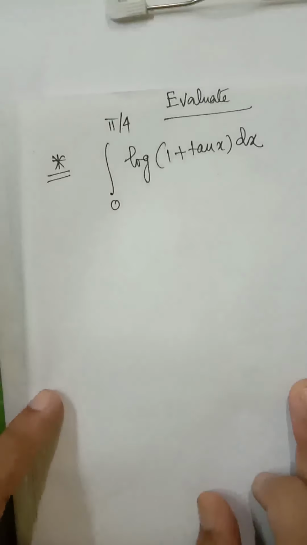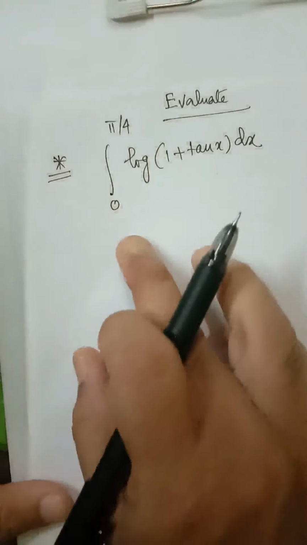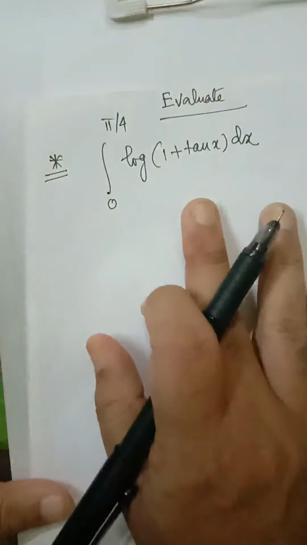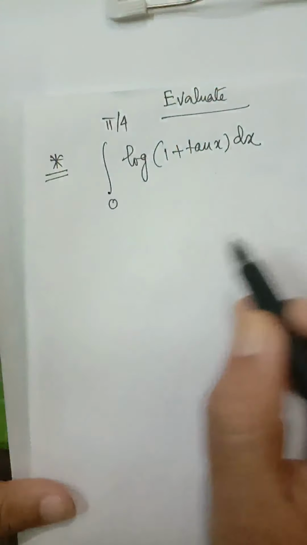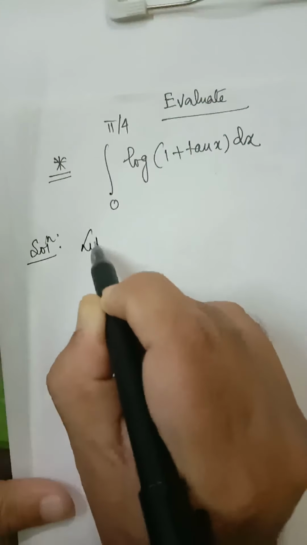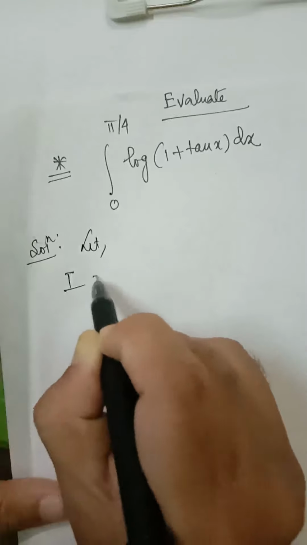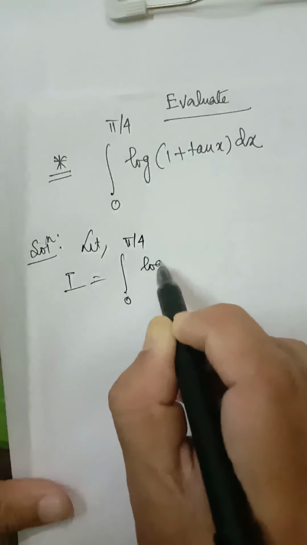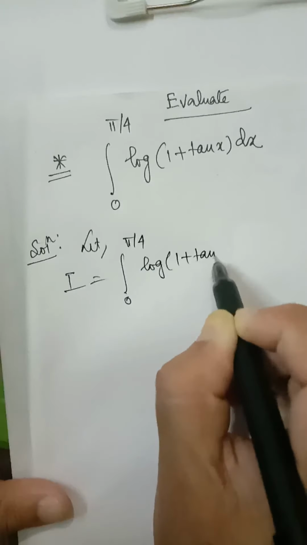Our next question is to evaluate the integral from 0 to pi by 4 of log of 1 plus tan x dx, and this is a very important question. Like the two previous questions, we will consider this integral as I. Let I equal to the integration of 0 to pi by 4 log of 1 plus tan x dx.